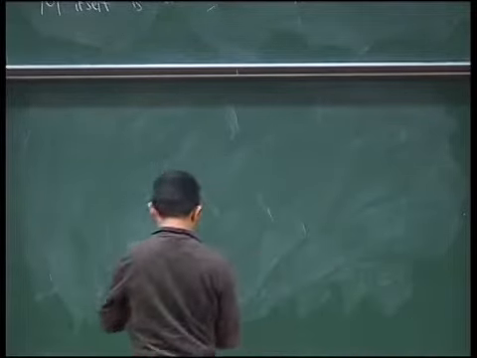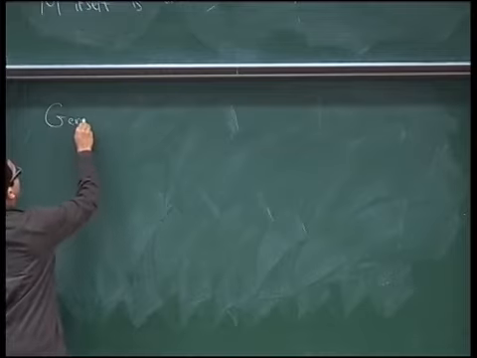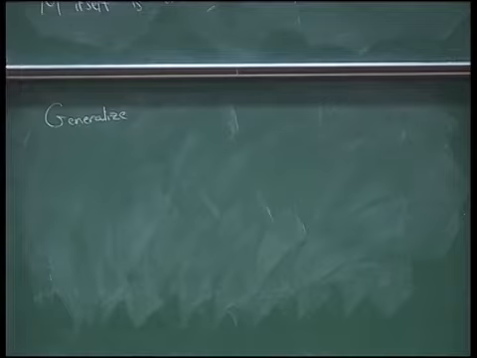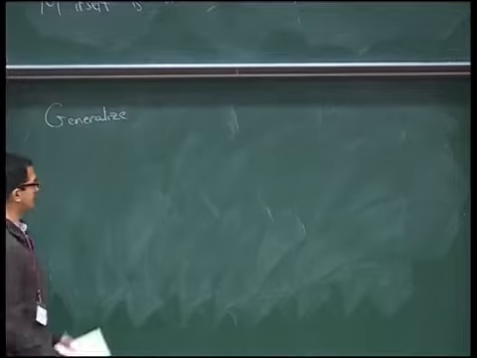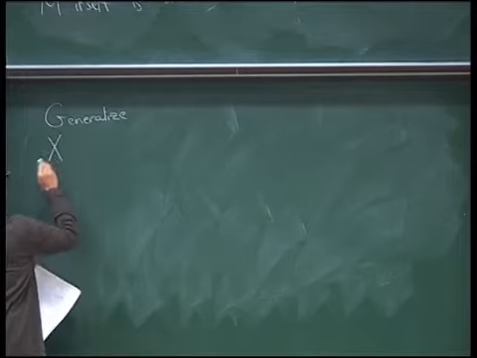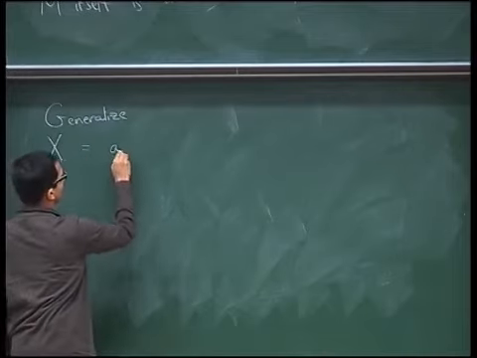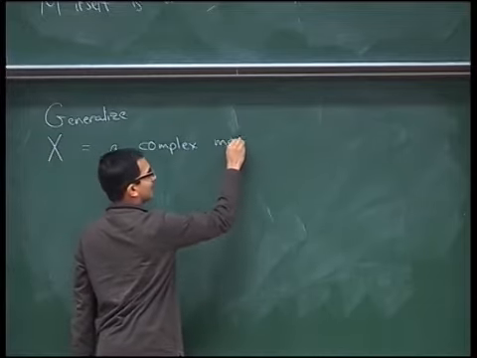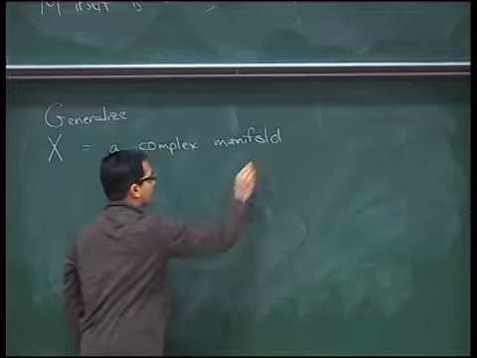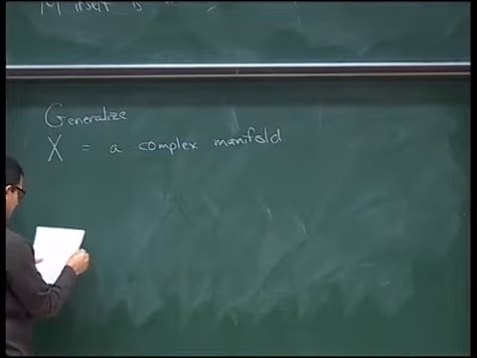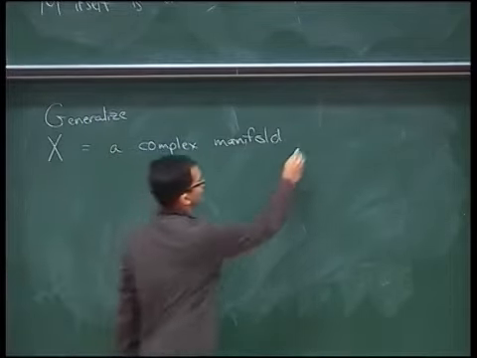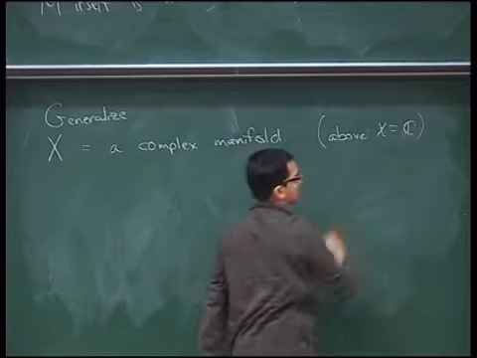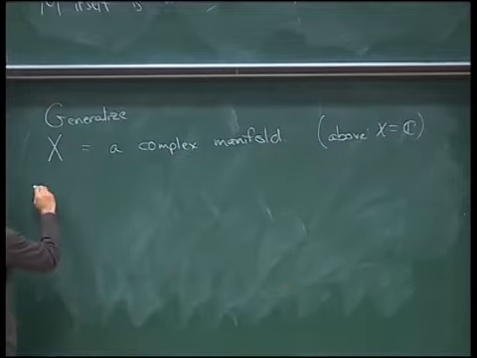Okay. So now instead of a specific ring of differential operators in one variable, I'm going to start with this setting. X is going to be a complex manifold. In the example we've been talking about, X was just the complex numbers, but now you can take any complex manifold.